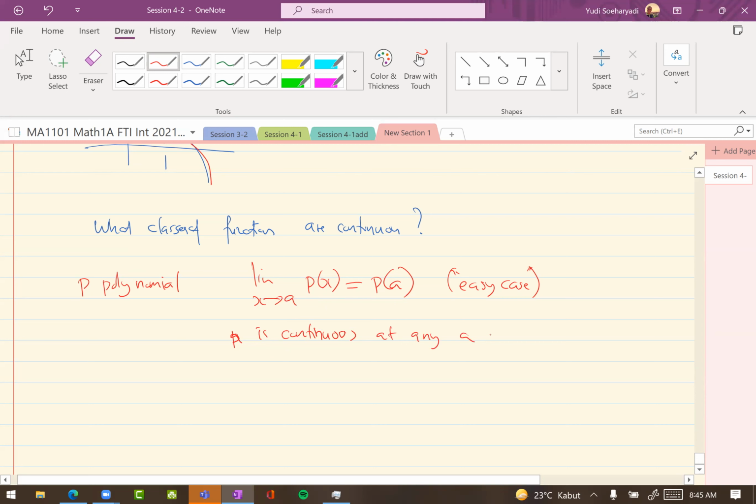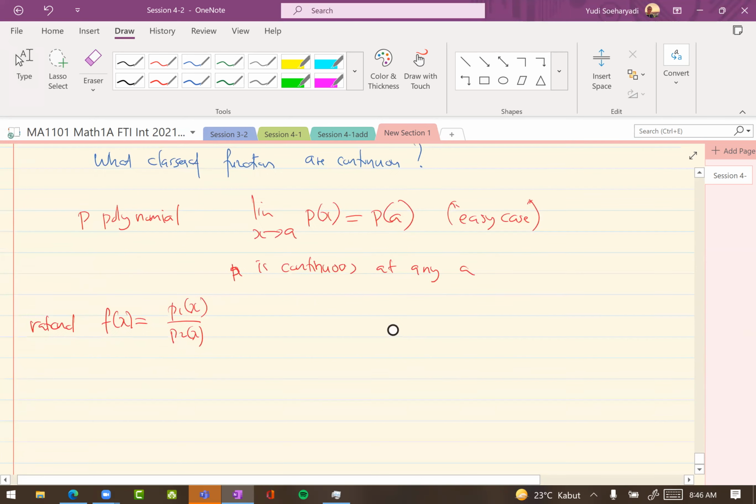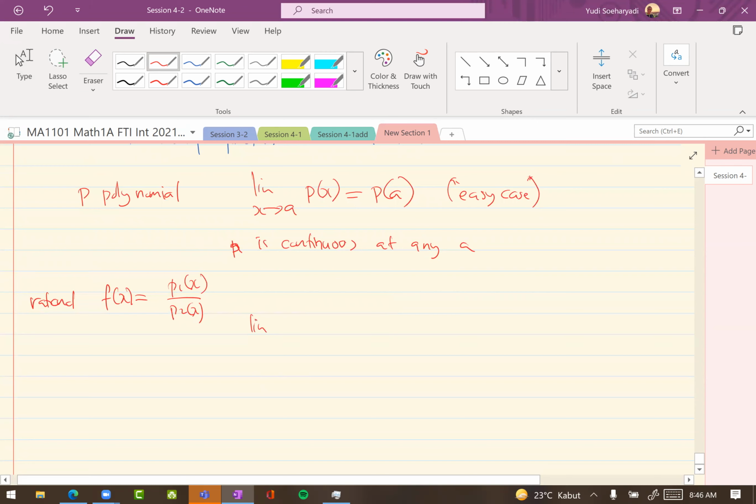If f is rational, a rational function P1 over P2, this is also the easy case, as long as a is in the domain of f.